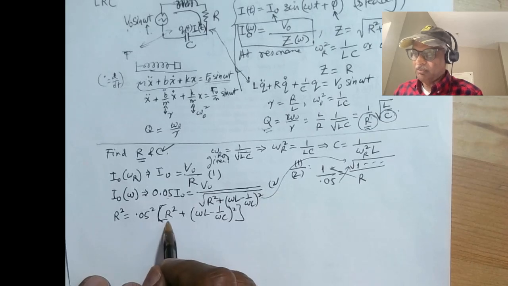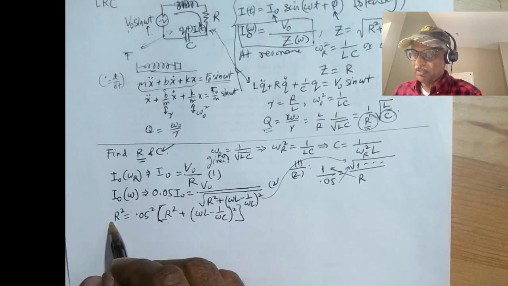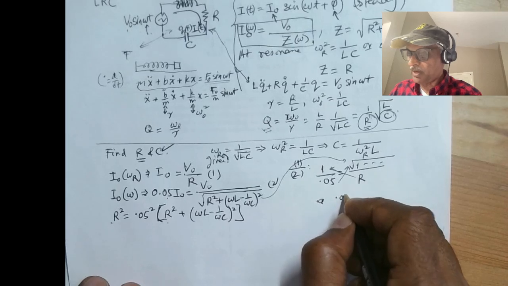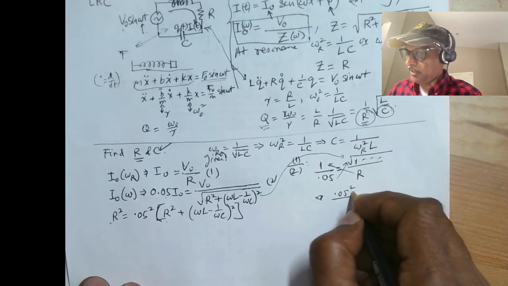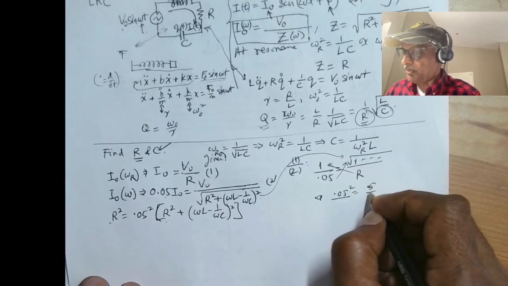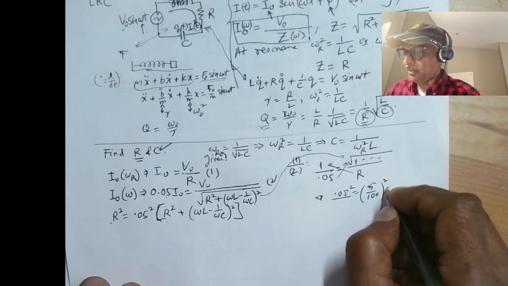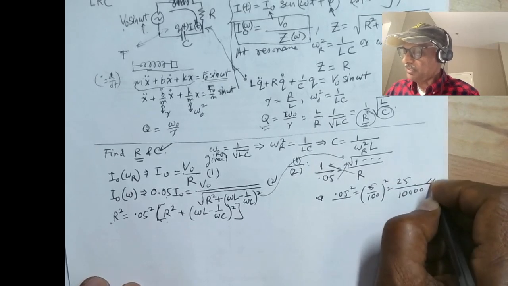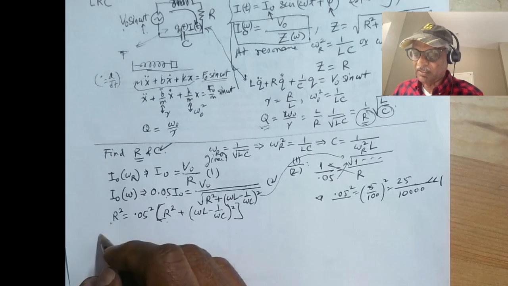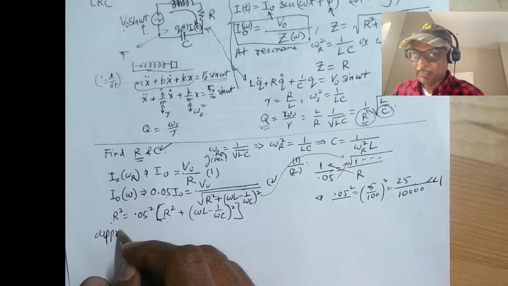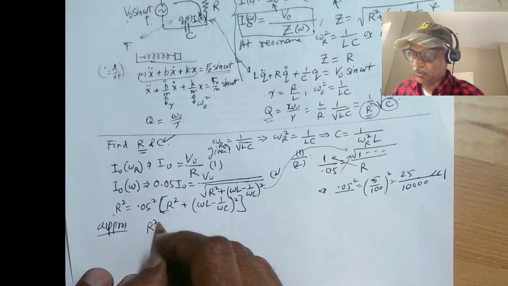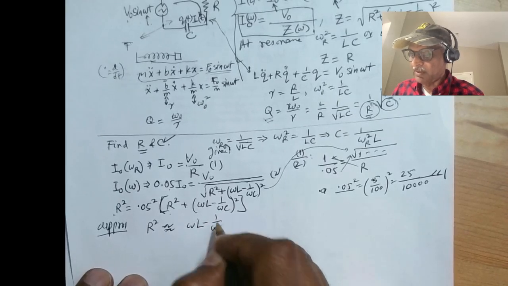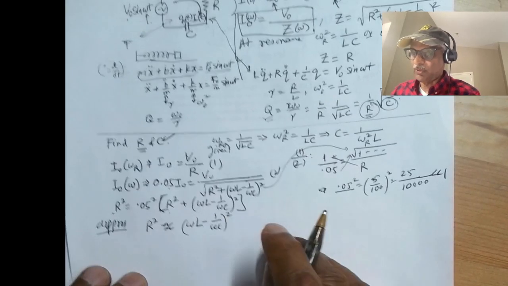So I can bring this over here, and 0.05 square is 5 over 100 square, which is 25 over 10,000, and this is much less than 1. So when I bring this and subtract it, approximately this equation is R square equals omega L minus 1 over omega C square.